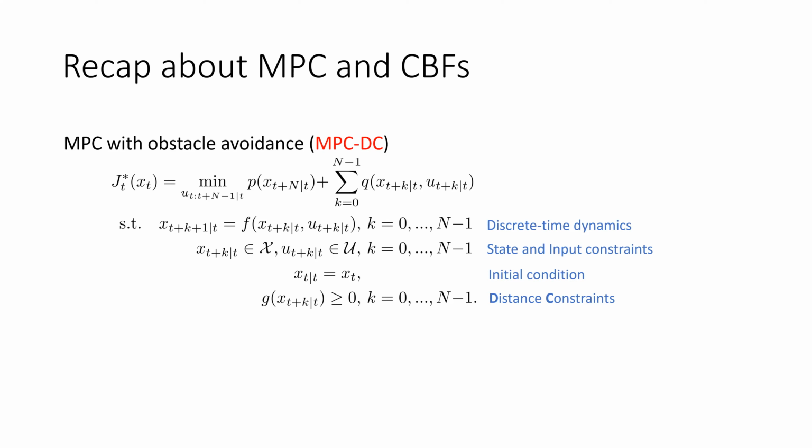As discussed previously by other MPC work, the obstacle avoidance constraint will only become active when the robot is close to the obstacle. The intuition behind this is that when the robot is far away from the obstacles, all the reachable states along the trajectory will satisfy the distance constraint. In that case, the distance constraint will be inactive in the optimization.